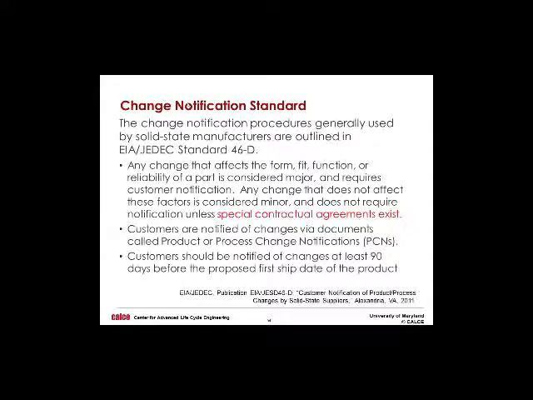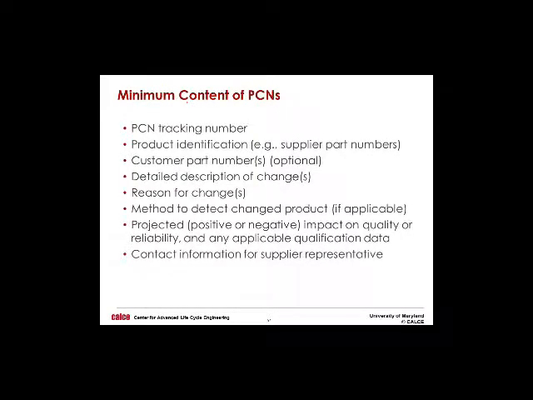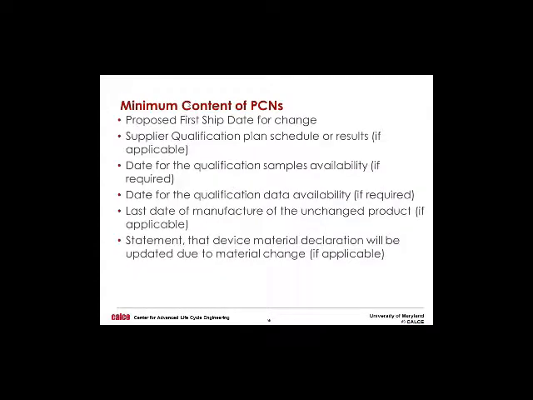And so the JEDEC standard has some requirements. It requires that when these major changes are made, the companies inform you. And it gives some of the minimum content of the PCNs that should be included. Now, many companies do track PCNs, but for the purpose of reliability assessment and qualification.